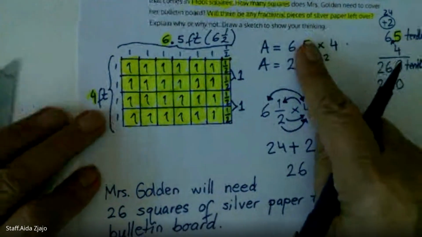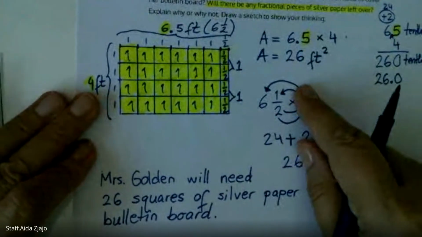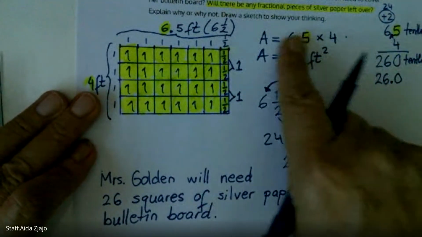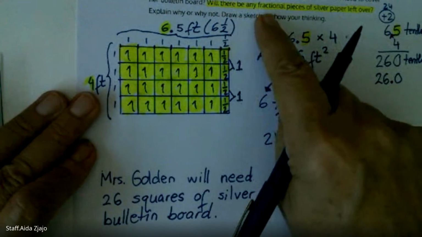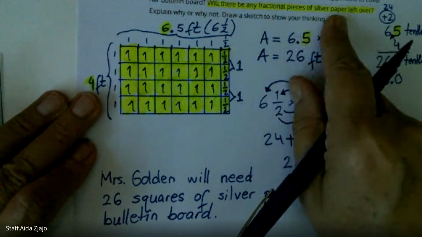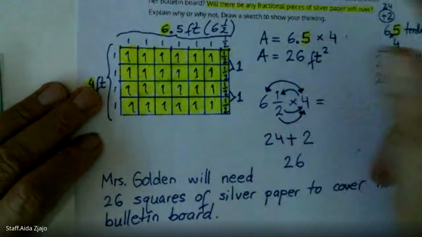And then the next part of the answer: will there be any fractional pieces of silver paper left over?